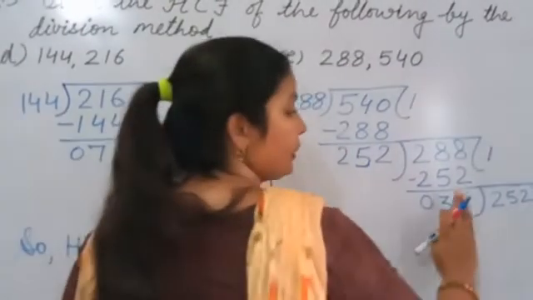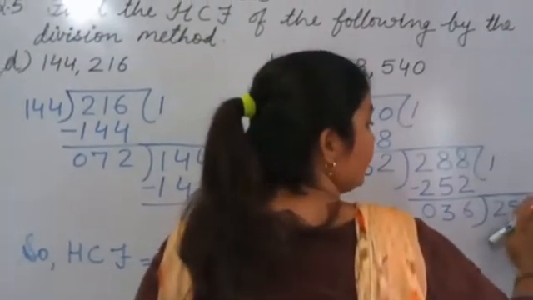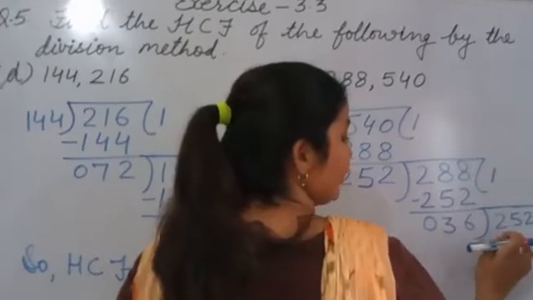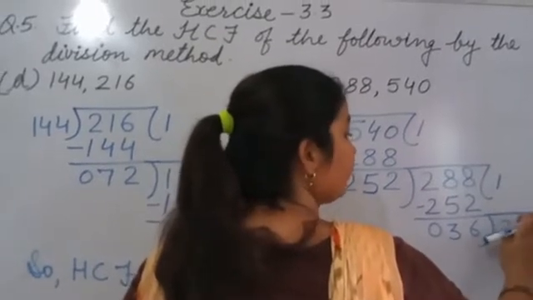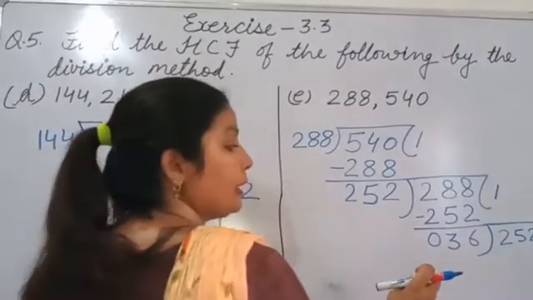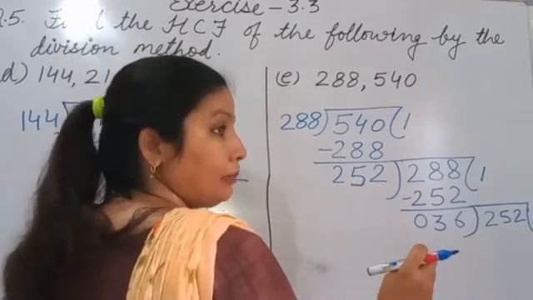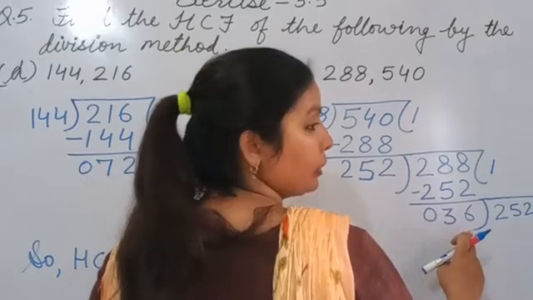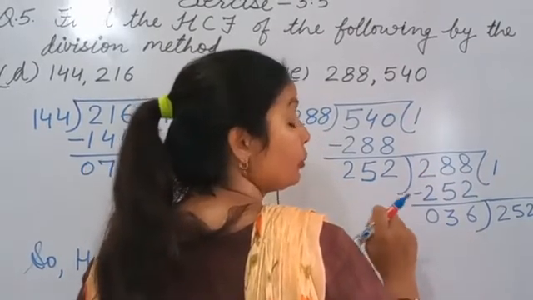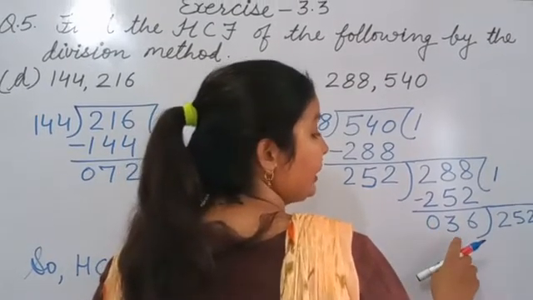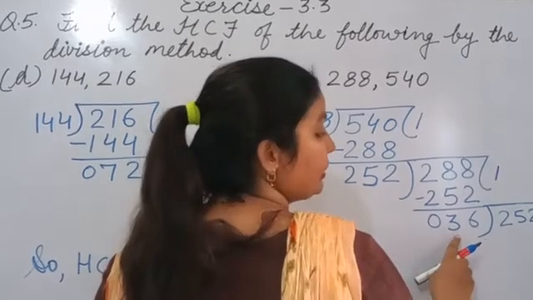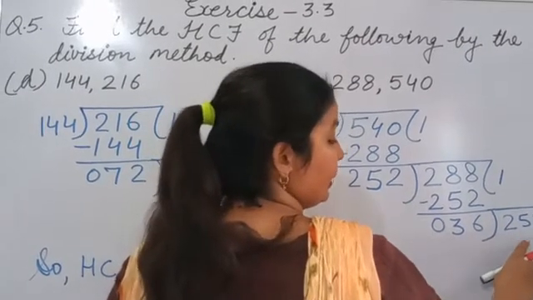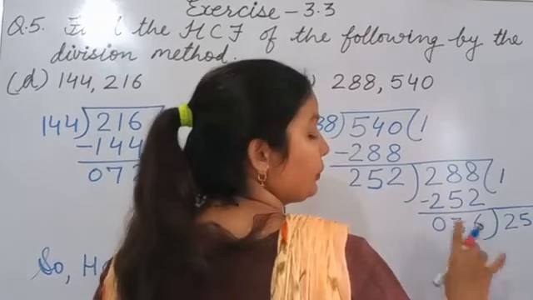So we skip the ones column from both sides. Now in the table of 3, where is 25? 3 eights are 24. But if we take 8, that will be very big, because 8 times 6 is 48, 4 carry. We will not take 8. We will take 7. 3 sevens are 21 and 7 sixes are 42, 4 carry.